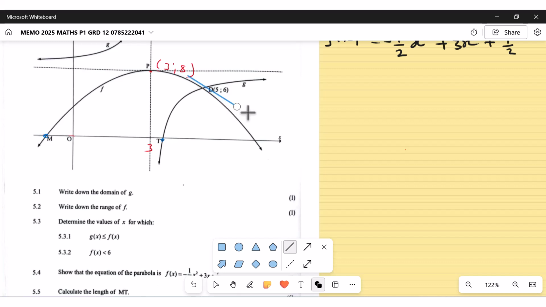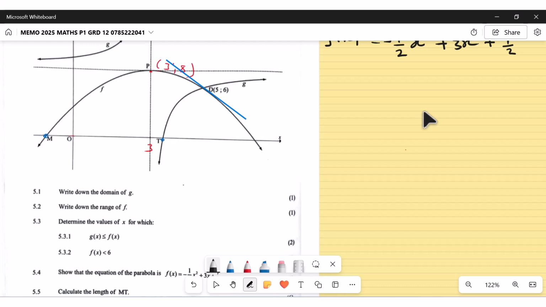So M tangent should be the same as M for the parabola. M means gradient, so we're going to differentiate and put x equals 5, because at point D, x is 5. Okay, so let's go ahead and differentiate now.